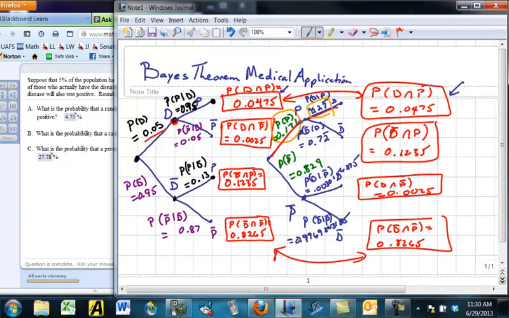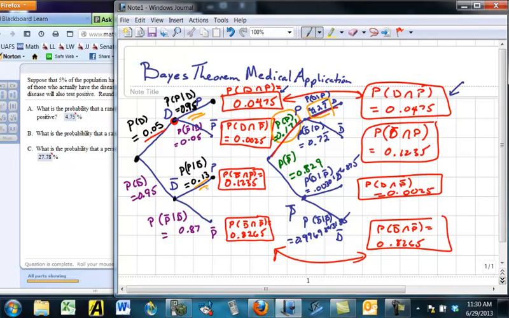That's right here. Okay. And we have a fairly low, maybe not as low as we'd like, but a fairly low percentage of those who don't have the disease test positive. So it sounds like we've got a pretty good test. Okay?